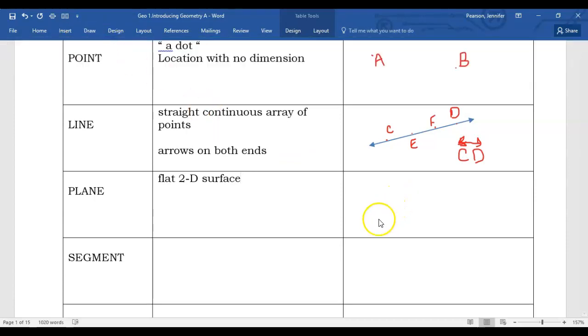So we would be drawing this shape here to show that there is just a flat surface there. But any flat surface is a plane. So the wall is a plane, the floor you're standing on is a plane. Any flat surface is a plane. And the way that we name those is generally with a cursive letter. So I'm going to try to write a cursive letter P on here, so the name of that is plane P.